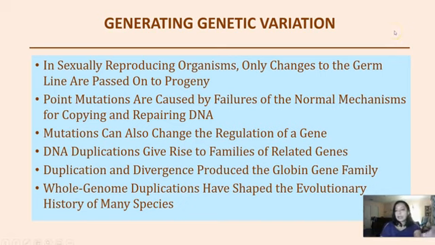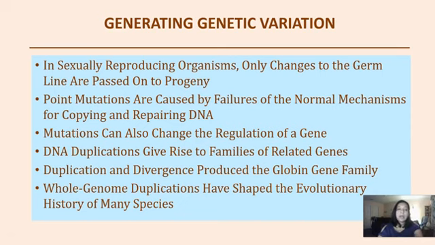These point mutations can obviously cause changes in the actual gene sequence, but they can also create mutations that lead to disruption of the normal DNA regulation for that particular gene or for copying and repairing DNA related to that gene. Mutations can also change the ability of these cells or the genome to function properly as well.